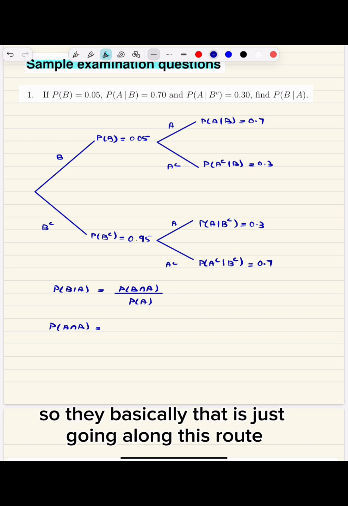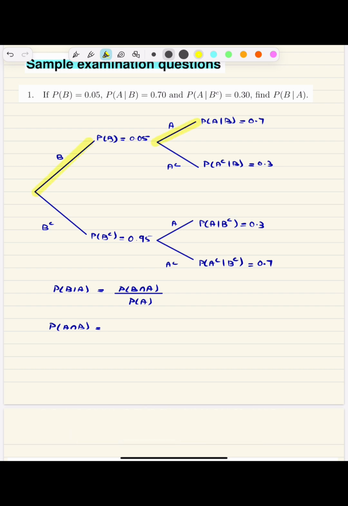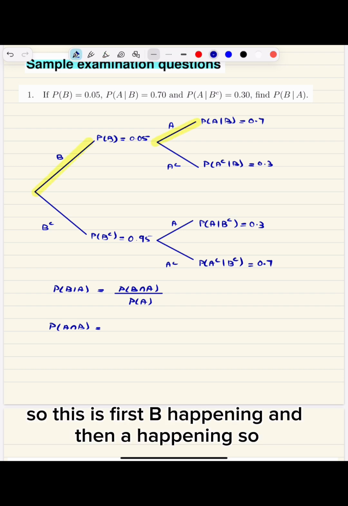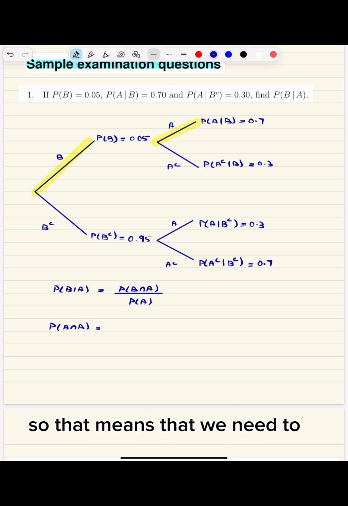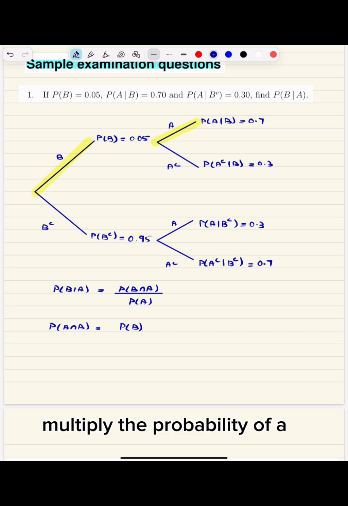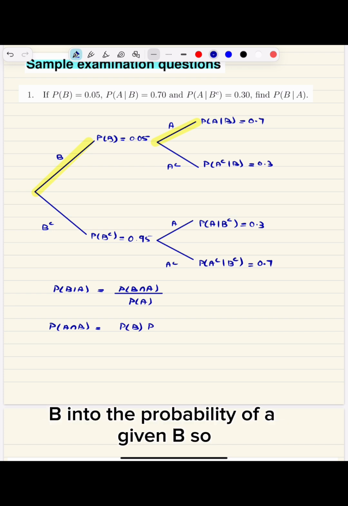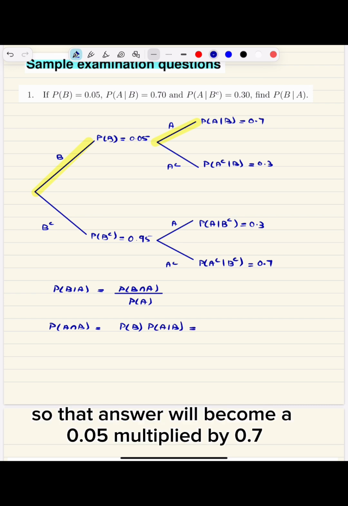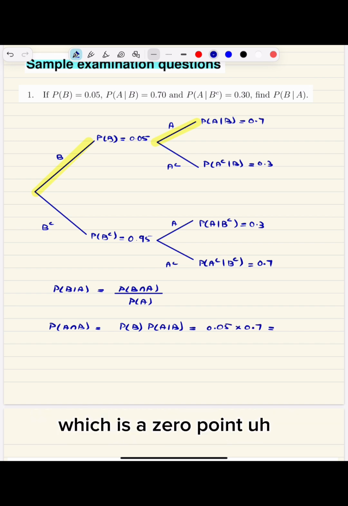So that is just going along this route. So this is first B happening and then A happening. So that means that we need to multiply the probability of B into the probability of A given B. So the answer will become 0.05 multiplied by 0.7, which is 0.35, I guess.